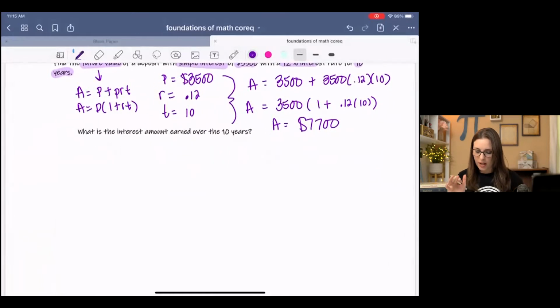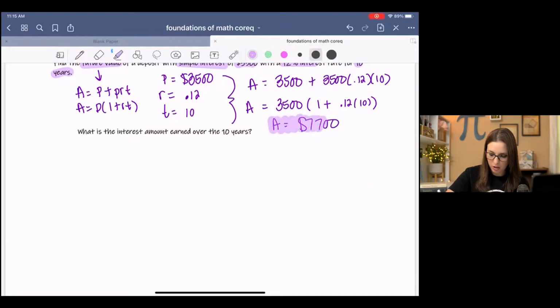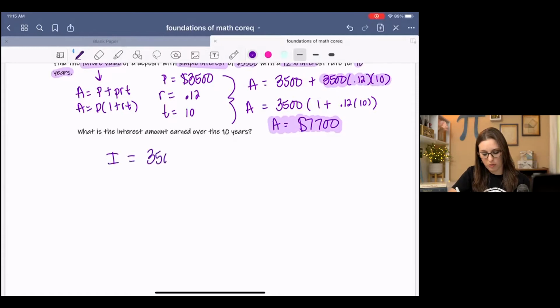So the total amount, the future value, was 7,700, which means that we can use that to find how much interest was gained on this principal amount. Now, depending on which formula you use, you could see that right here. This was our interest amount. So you could just use that simple interest formula and multiply it out.